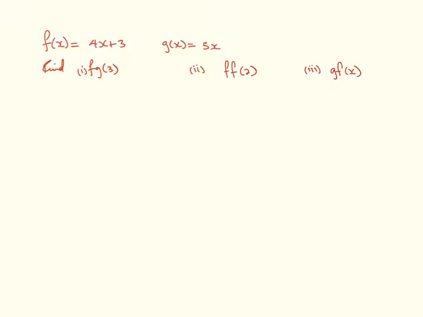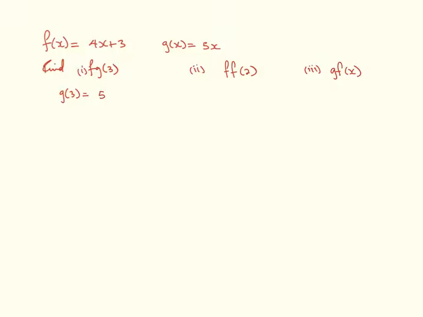Okay, so here we go. Let's go through the first one quickly. So fg of 3. I'm going to favor method 2 on this one because I like method 2. It's a lot quicker. So I'm going to find g of 3 first. So I'm going to look at my g of x, and I'm just going to replace that with 3 there.